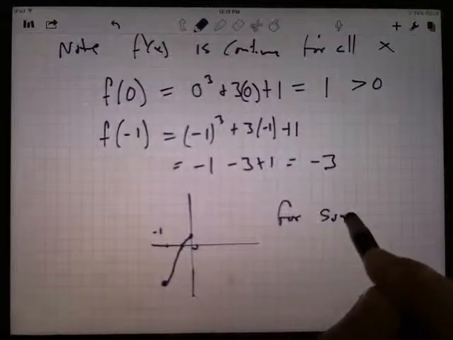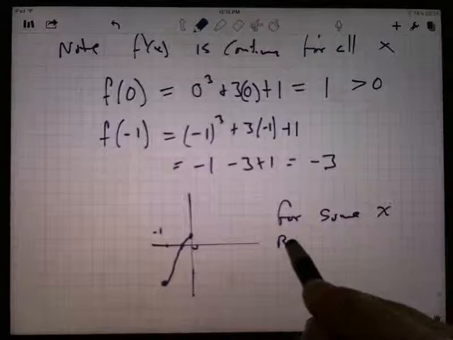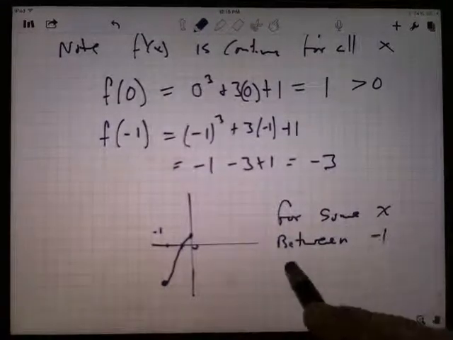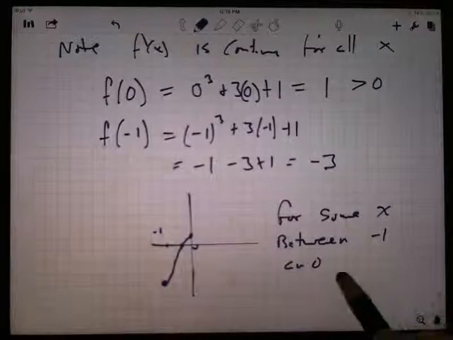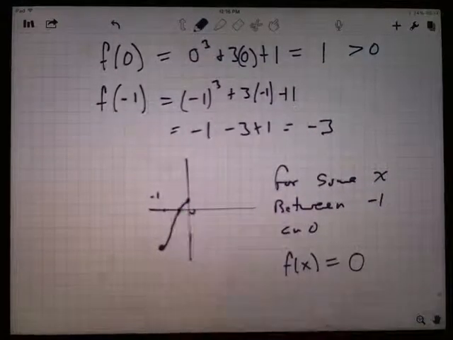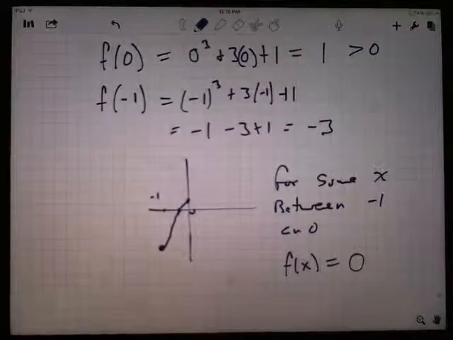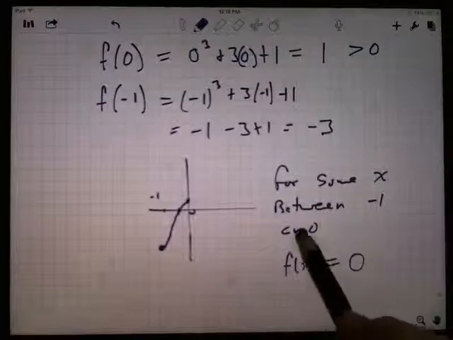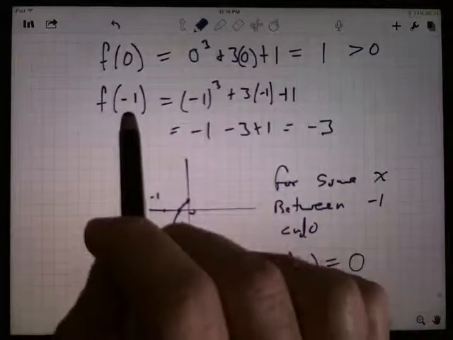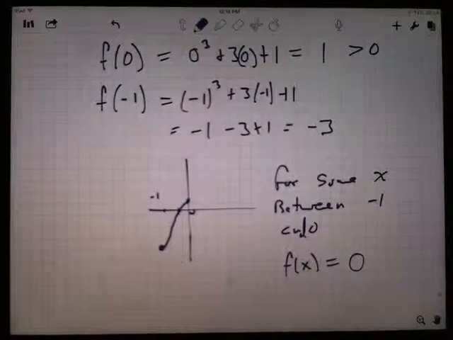For some x between -1 and 0, f of x will equal 0. That's somewhere I'm going to cross over there. Now it doesn't tell me where, other than somewhere between my starting point and ending point, I've got an intercept.